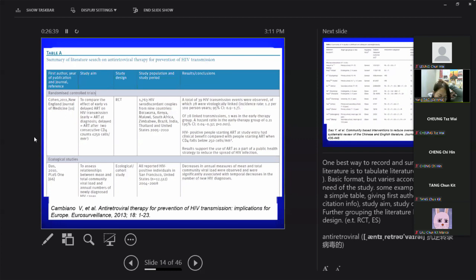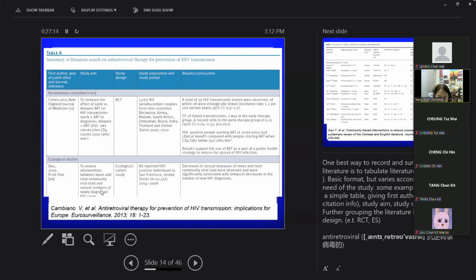You may not understand very clearly what a randomized control trial, or in short RCT, is, or what ecological studies are. However, for a researcher like me, we already understand, because this kind of study design can provide a high level of evidence, which means more trustable.